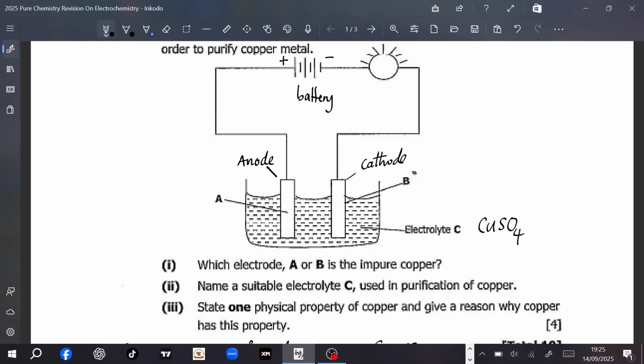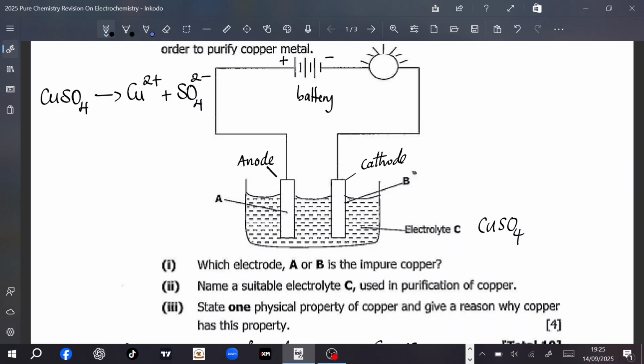the copper(II) sulfate decomposes as follows. It will decompose to give us the copper ion with a positive charge of 2 and the sulfate ion. So this is the decomposition which occurs there.